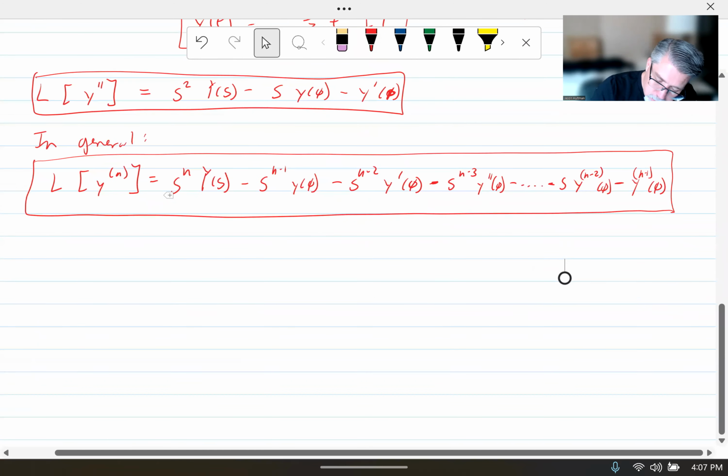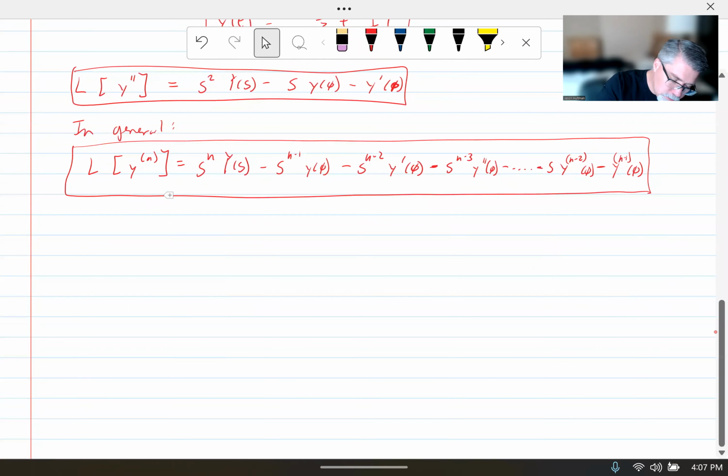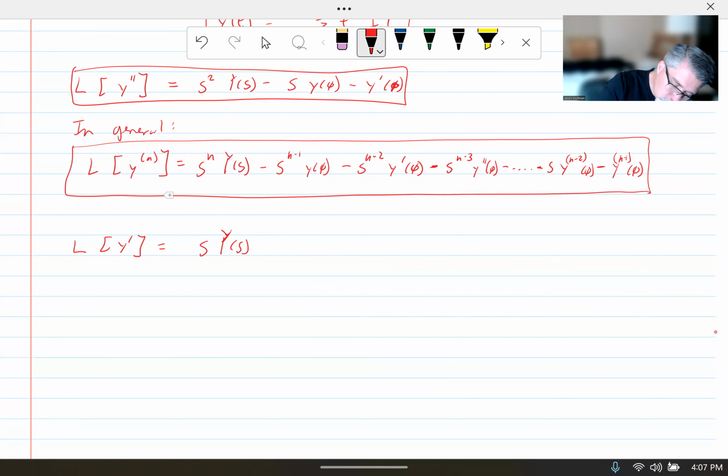Okay, so we're just going to use the first derivative and the second derivative. So let's bring down the first derivative again. L of y prime is equal to s Y of s minus y naught.